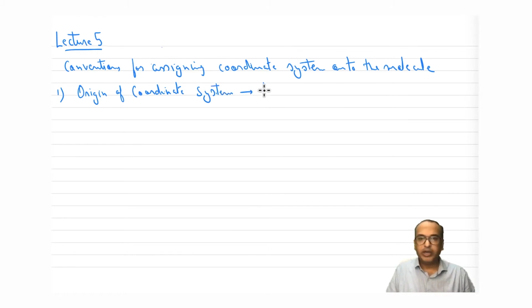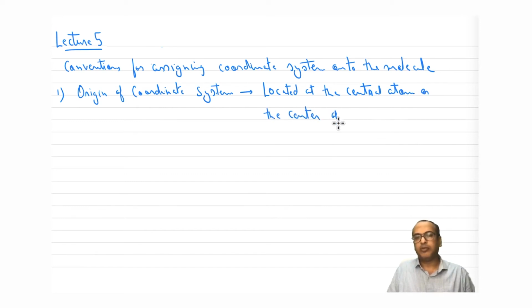It should be located at the central atom, or the center of the molecule. Okay, so that should be easy to identify.